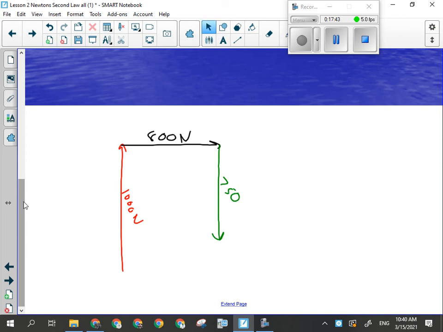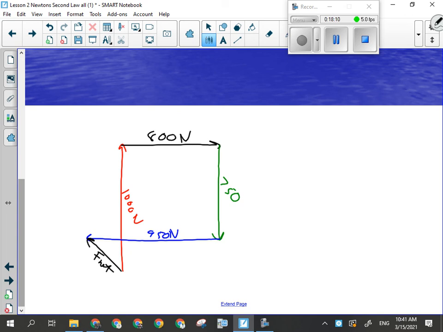And then I had 950 going this way. So I just drew a vector diagram of my forces. Where does my resultant go? Right where we predicted, right? Into that northwest quadrant. Well, there is my net force.